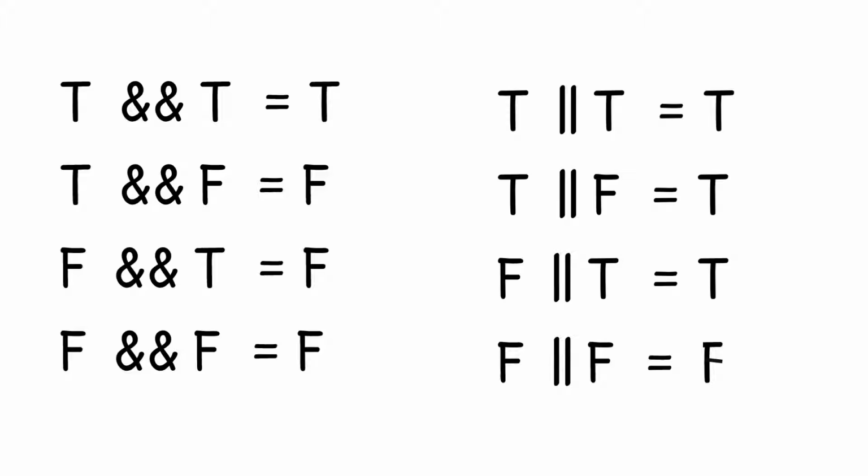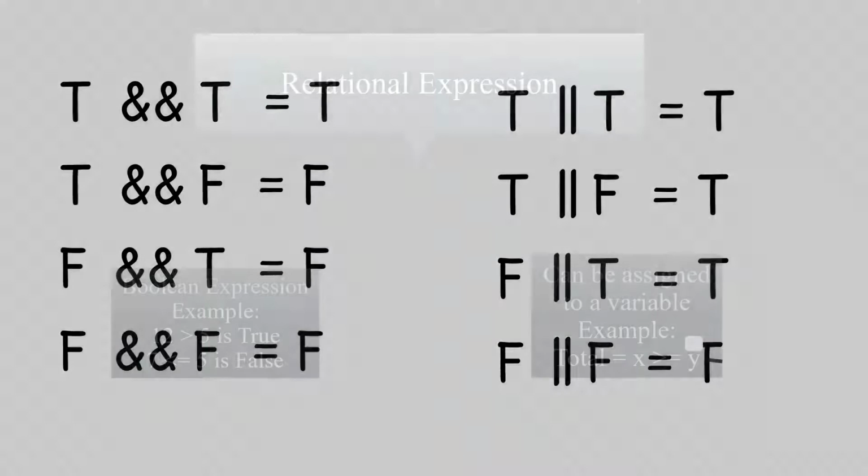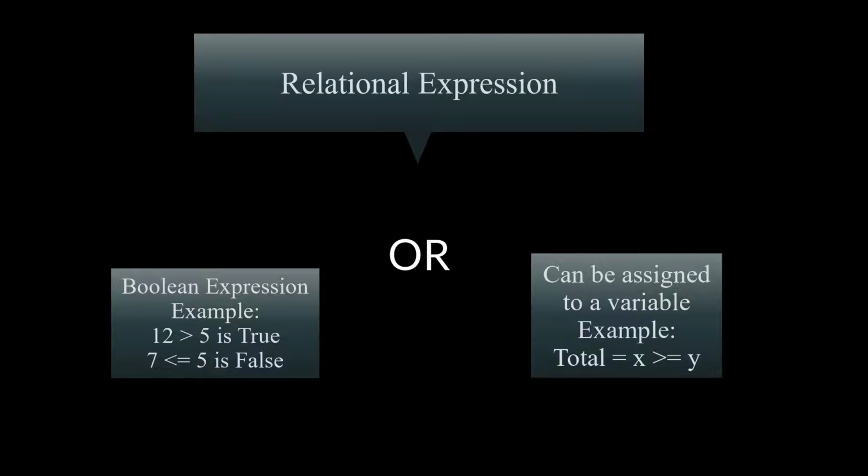This is very important to understand, as the difference between an and and an or in your program can easily be a logical error. Another thing I want to mention before we look at our code is our relational expression, which are true or false. For example, 12 greater than 5 evaluates to be true, but 7 less than or equal to 5 evaluates to be false.